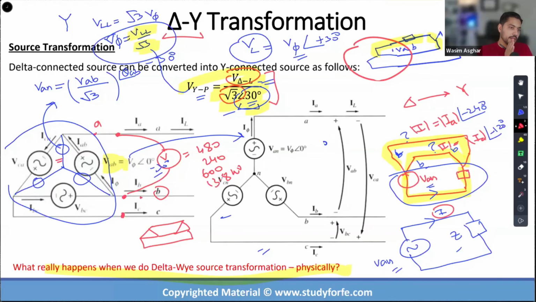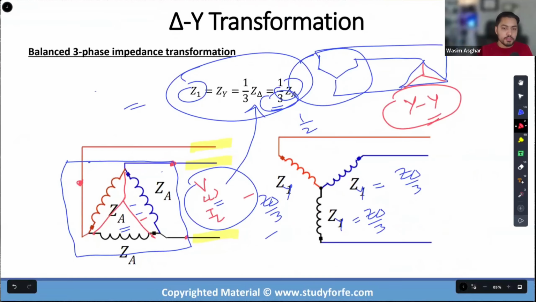Once you have the Y phase quantity, you can apply Ohm's law if the load is also in Y. If the load is not connected in Y, we have to have another step. We need to convert the load from delta into Y configuration. That can be done by taking the balanced impedance of the delta load, dividing it by 3, and that basically gives me my value for the ZY.